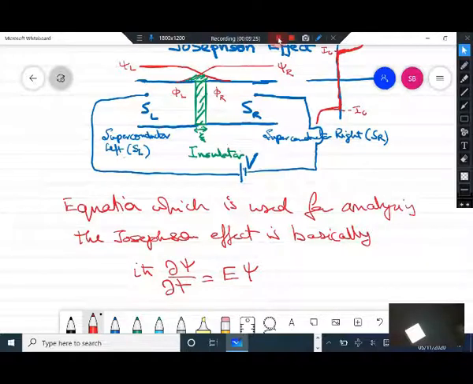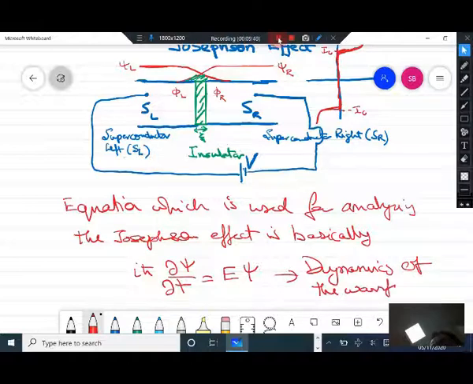This is the starting equation. This is the fundamental equation, because this tells you how the wave function psi is getting modified, what is the dynamics of the wave function. This governs the dynamics of the wave function.